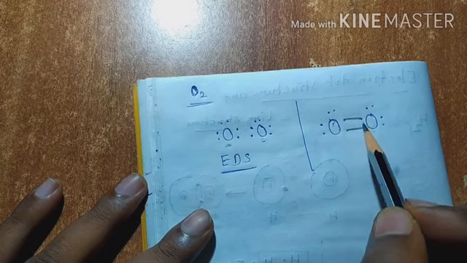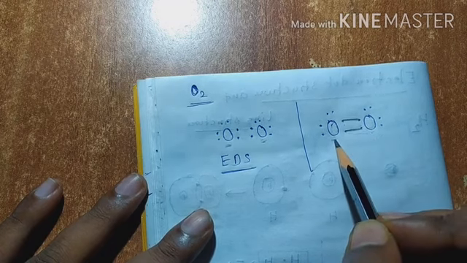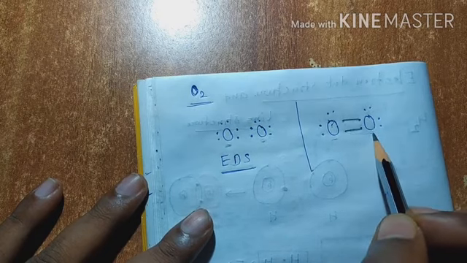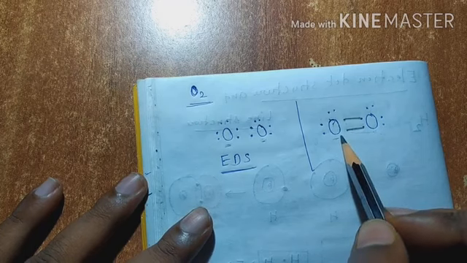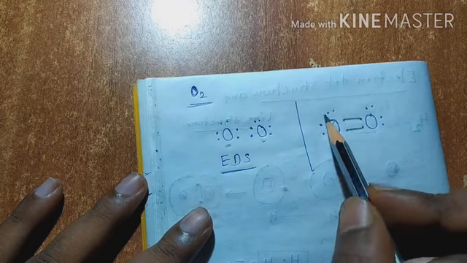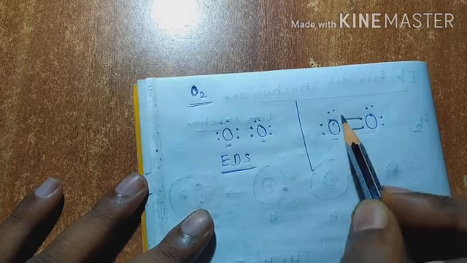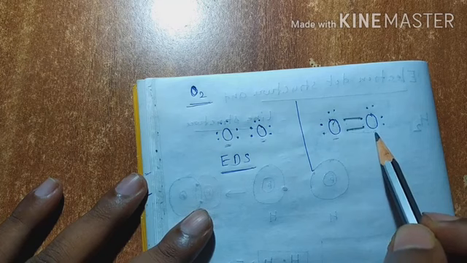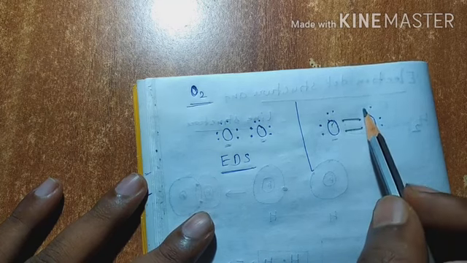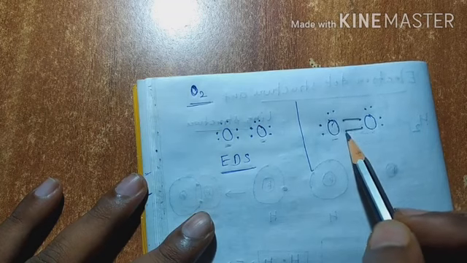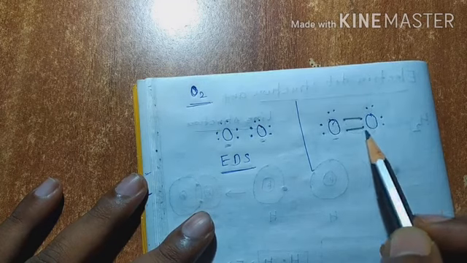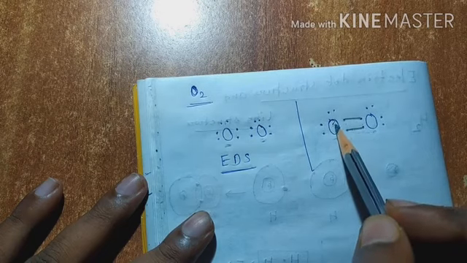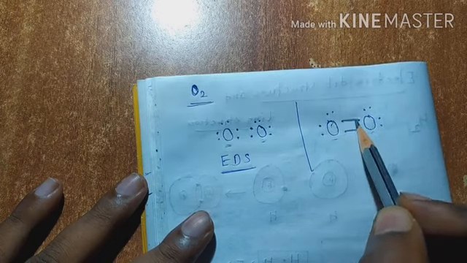Now this electron also belongs to this oxygen atom, and these 2 electrons also belong to this oxygen atom. Now count the number of valence electrons, 1, 2, 3, 4, 5, 6, 7, 8. Now this atom becomes stable. Count valence electrons for this atom, 1, 2, 3, 4, 5, 6, 7, 8. Again this is stable. Both oxygen atoms are stable, and between oxygen and oxygen there is a double bond.